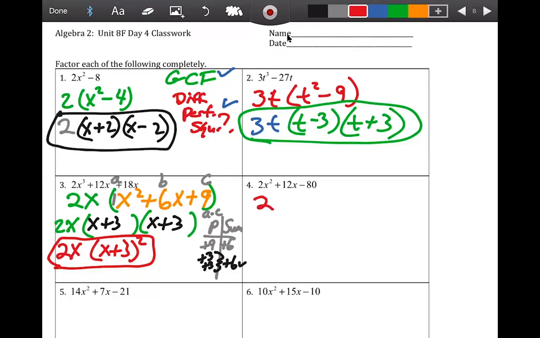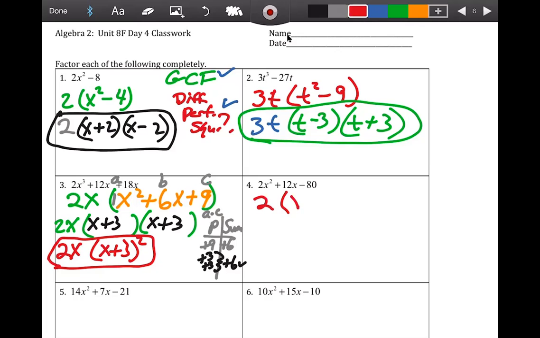Oh, it would be just 2. That's why. There's no x with the 80. I didn't see that last one. So that's probably why your product sum was difficult for you. I like the 2 though. You want to go from there?